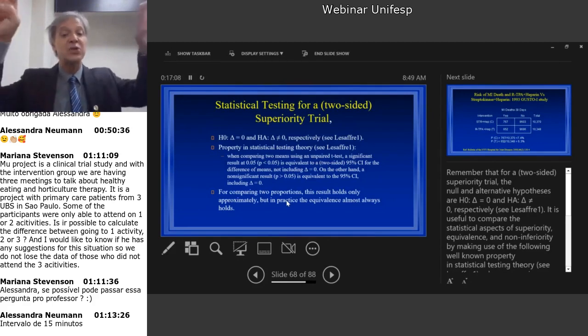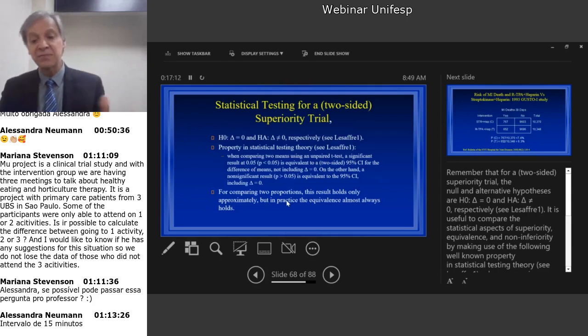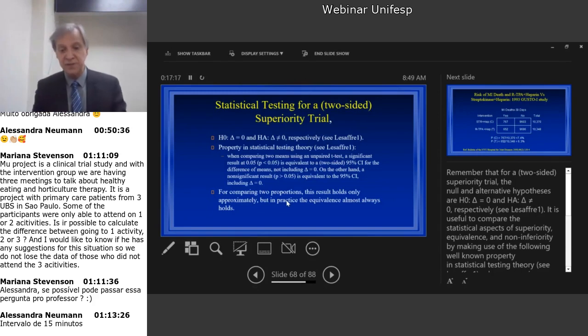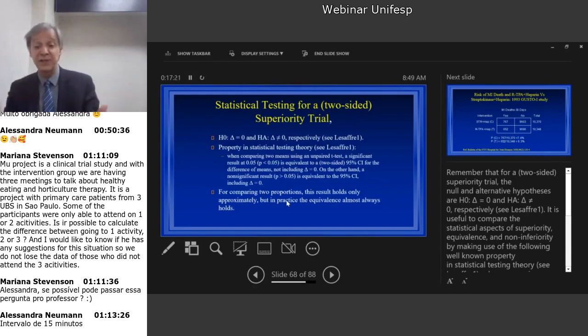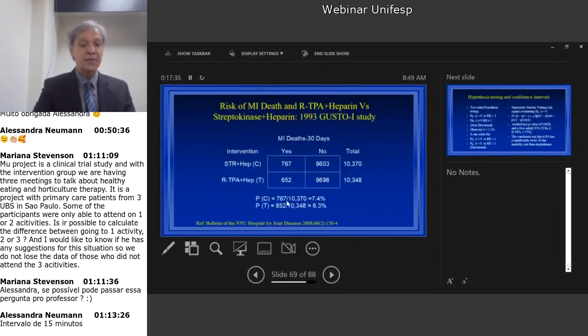That's what I mean by superiority trial. Remember that for a two-sided superiority trial, the null hypothesis is delta equals 0 and the alternative hypothesis is delta different than 0, respectively. It is used to compare the statistical aspects of superiority, equivalence and non-inferiority. I want you to be aware of that.